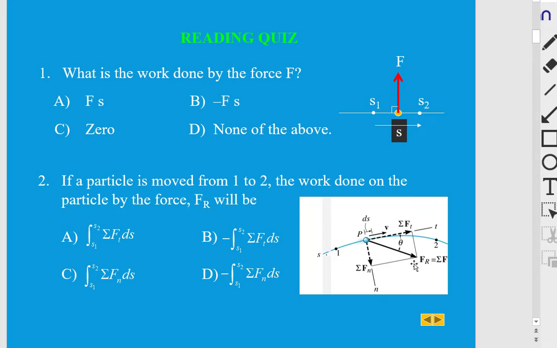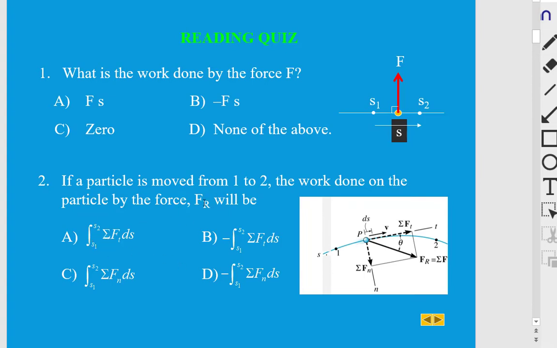But for simplicity, when you deal with work and energy, always look into the tangential forces, because tangential forces are the forces causing the motion of the particle along the path, and it will be easy to calculate the work. As you will see later, the work of a force like the resultant force is going to be equal to the integration of the tangential component over the length. So the answer here is A.